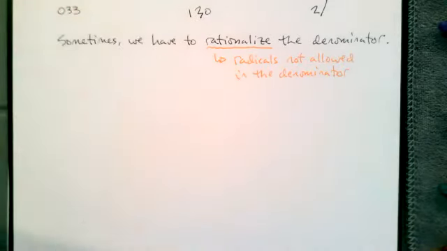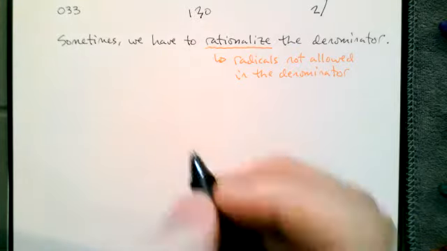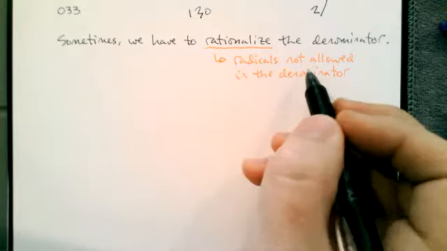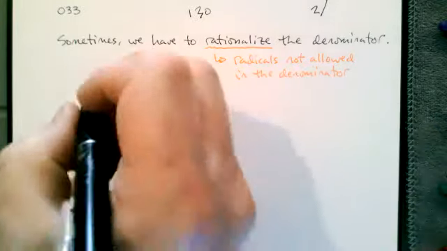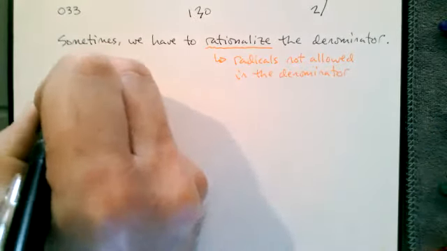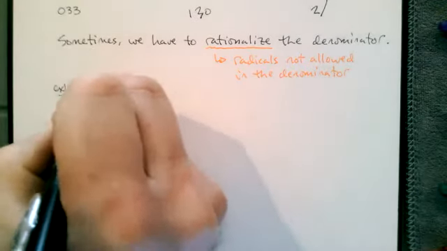I know the pro-rationalization traditionalists will be like, oh, Leach, you have to make them rationalize things. And I'm like, oh, no. To rationalize the denominator means radicals are not allowed in the denominator. So we would have to simplify something like 7 over the square root of 2.